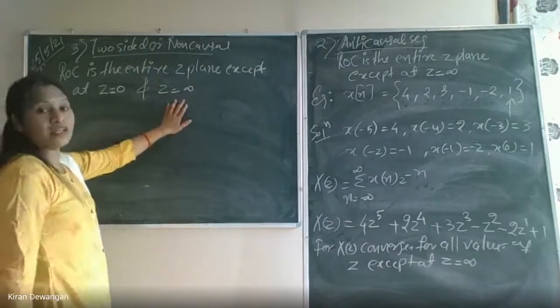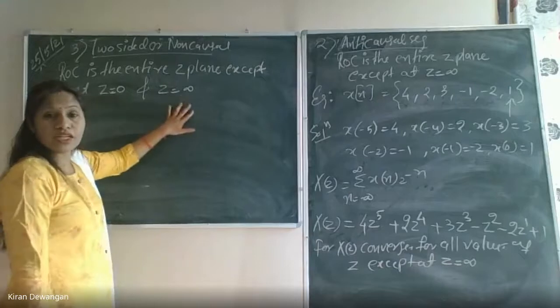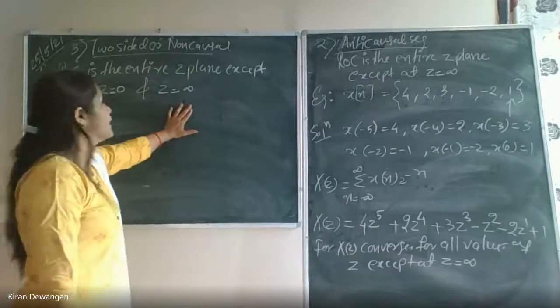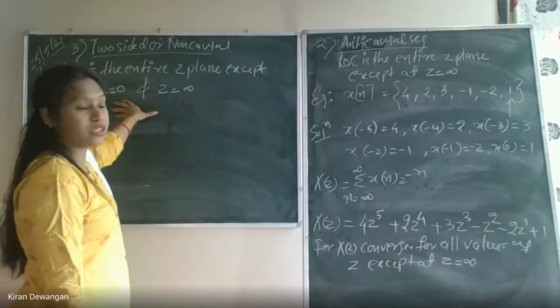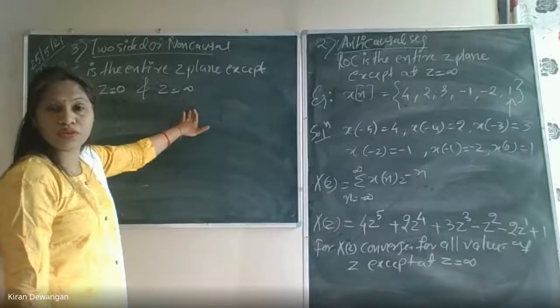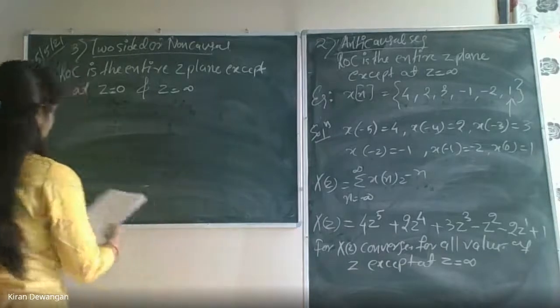There should not be any infinite value and there should not be 0 as well. दोनों कंडीशन satisfy होनी चाहिए. Then we can say that it is a two-sided sequence. मतलब ROC will exist only for this value, z equals to 0 and z equals to infinity पे भी exist नहीं करेगा. बाकी it will have all the ROC, the entire z plane.